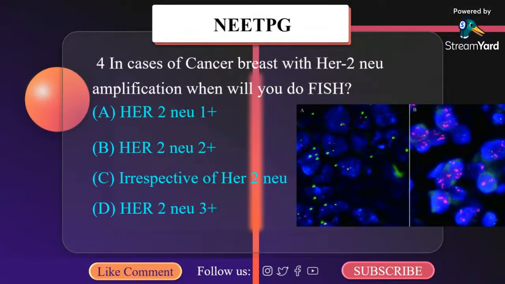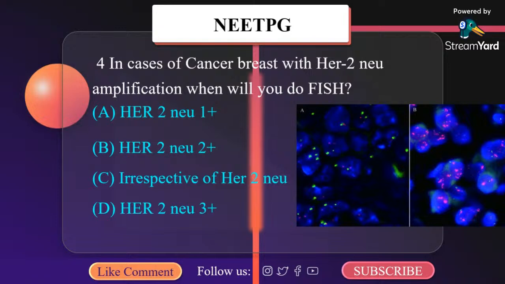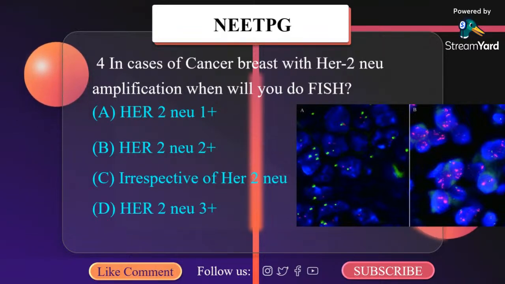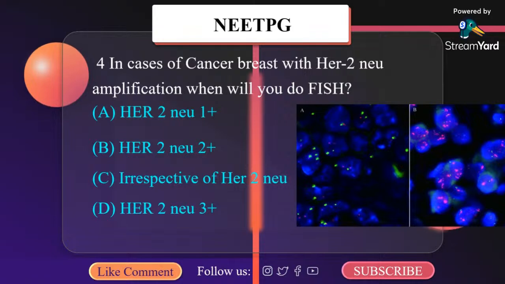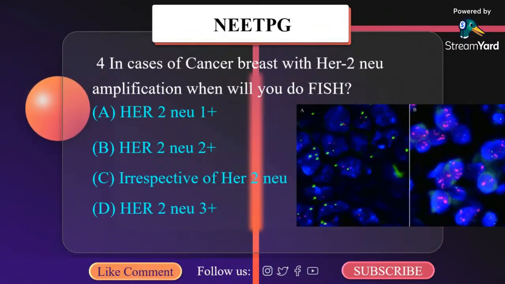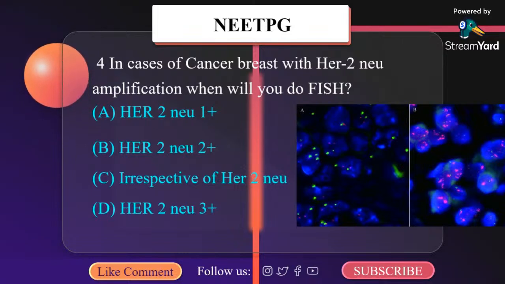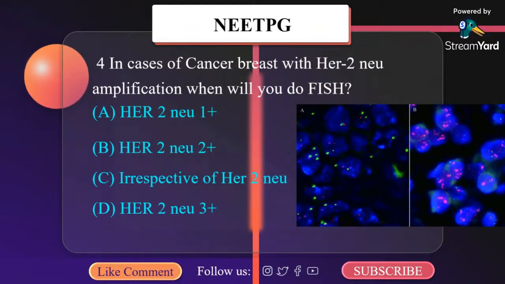In case of CA breast, that is carcinoma breast, with HER2 neu amplification, when will you do FISH, that is fluorescent in situ hybridization? A. HER2 neu 1 plus, B. HER2 neu 2 plus, C. Irrespective of HER2 neu, D. HER2 neu 3 plus. Now, according to the NCCN guidelines for CA breast, HER2 status of cancer breast is routinely done by immunohistochemistry test with values from 0 to +1, +2, +3.